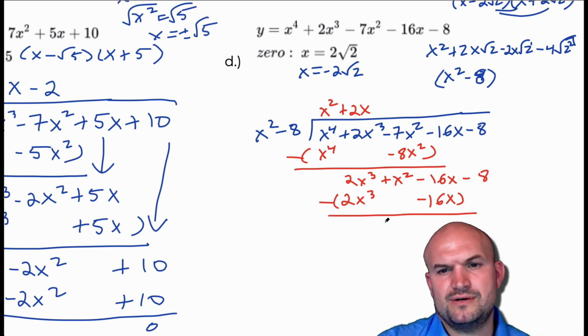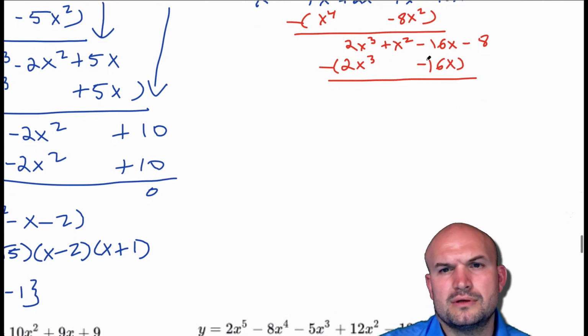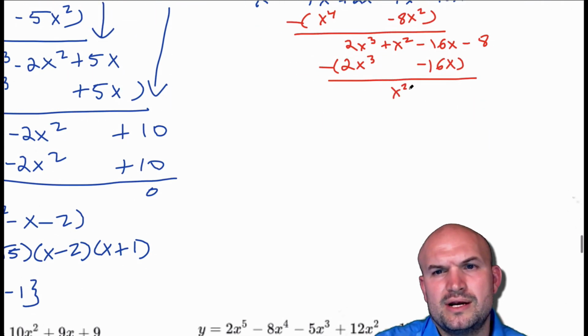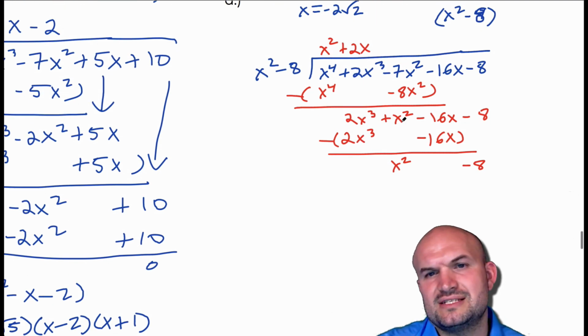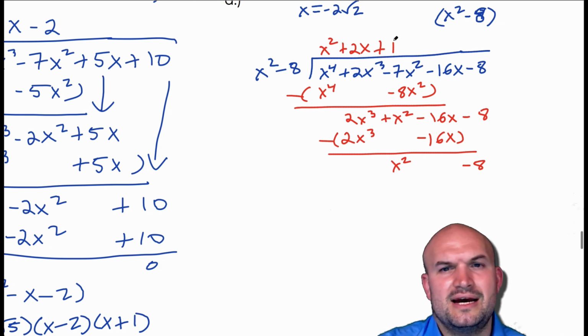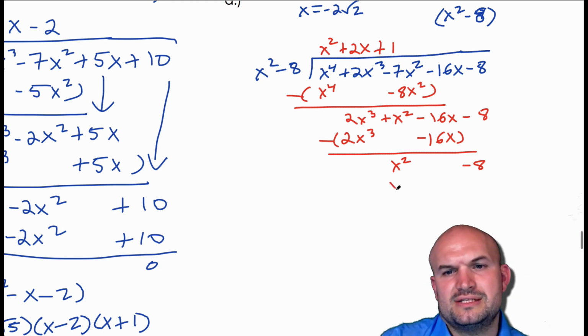That goes to 0, and that brings down x squared, and that goes to 0. Then let's bring down the 8. x squared divides into x squared 1 times. 1 times x squared is x squared. 1 times negative 8 is negative 8. Those subtract to give you 0.